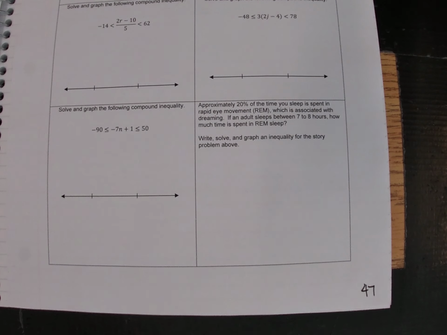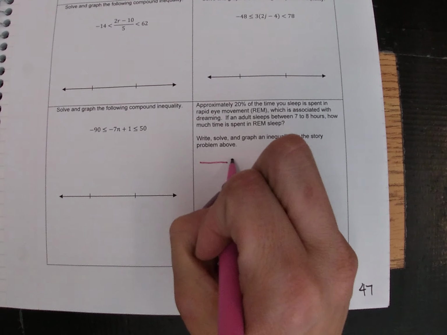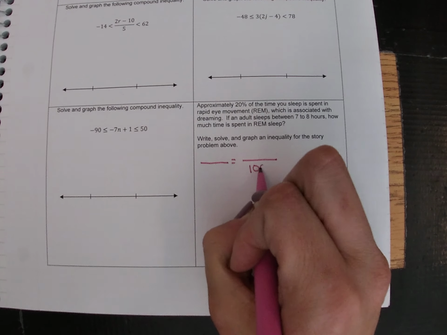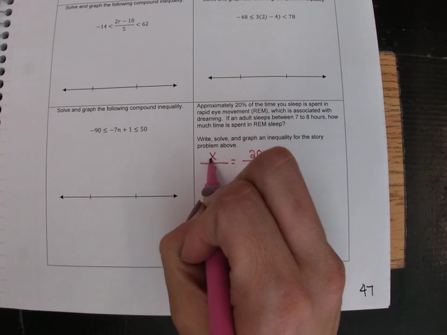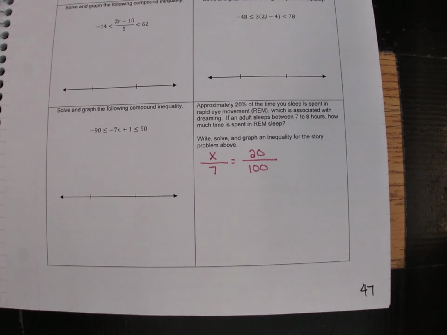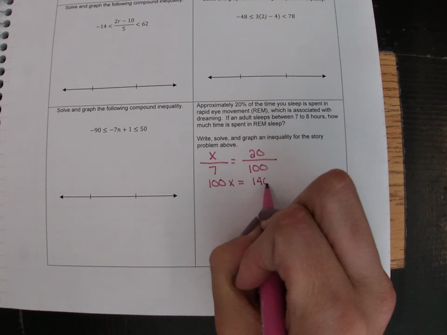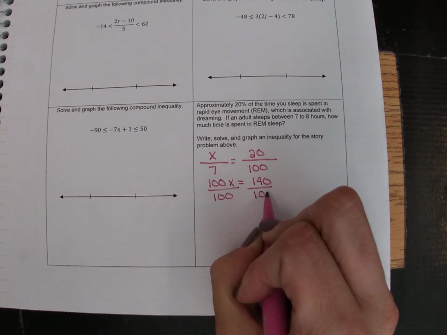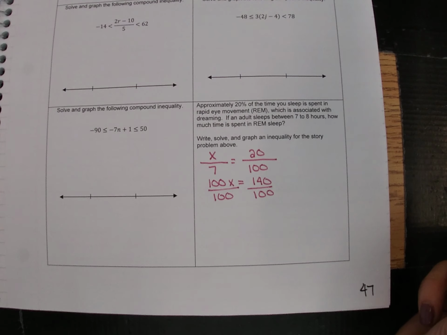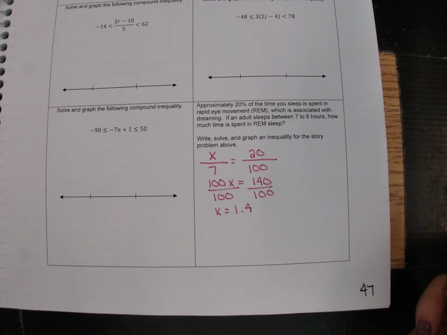How do we calculate a percent? If we want 20% of 7, we can either set up a proportion, which would be fine. We've talked about doing that: 100 on the bottom, 20 on top, 7 is the total, and we want to find the percent of it. So we will solve, and we'll get 1.4 hours.